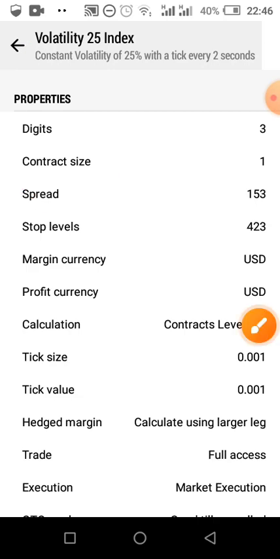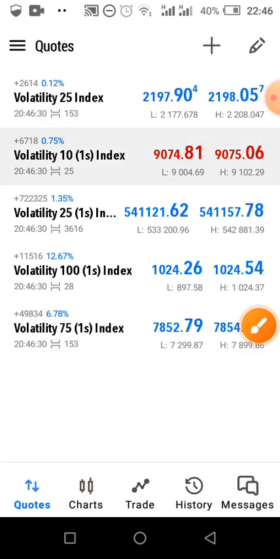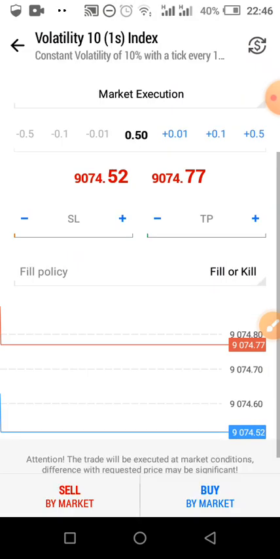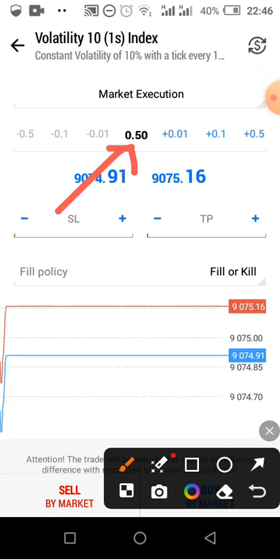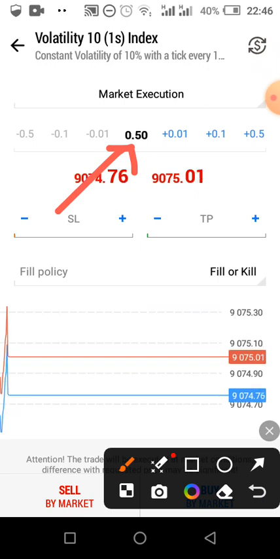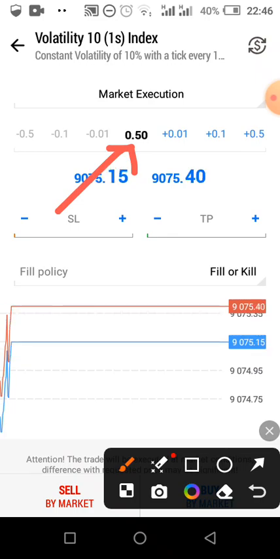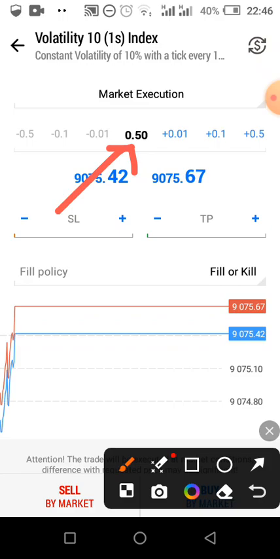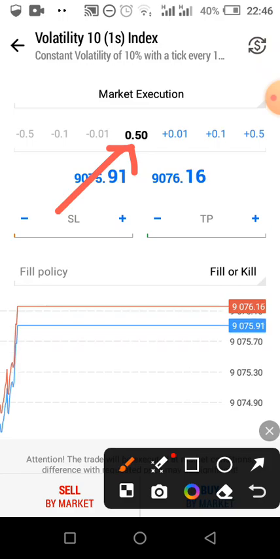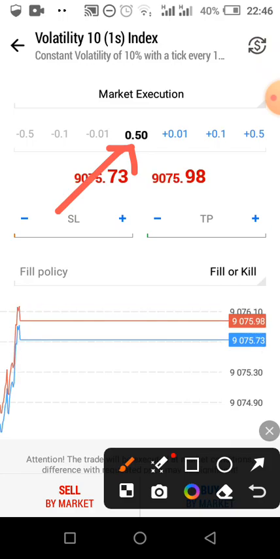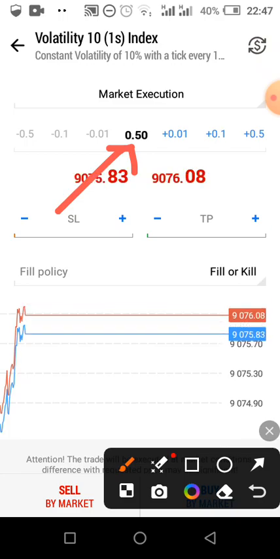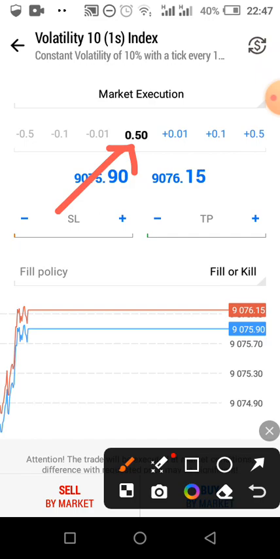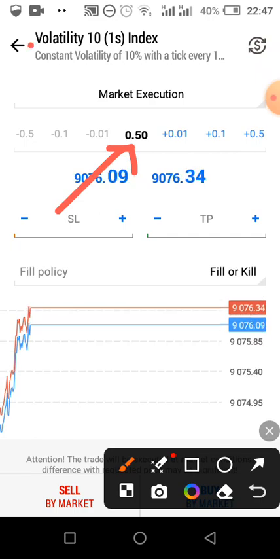So if you use a bigger lot size when opening your trade, the distance of your spread will also be multiplied with that lot size, meaning that your cost of spread will increase in proportion to the lot size that you will use, which is the same as applies for the distance which price will move, as its profit or loss size will also be determined by the lot size that you use.